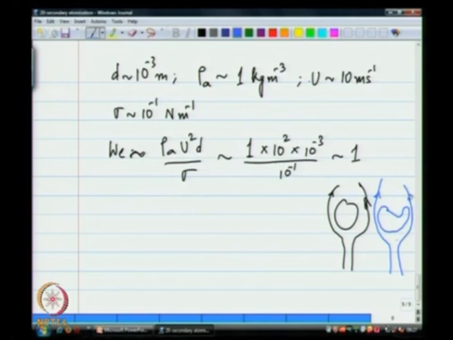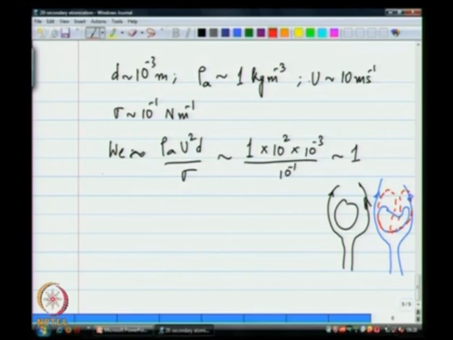And the moment you have this sort of flattening out, this process is only going to be accelerated further until you start to get some kind of a breakup. Okay, you can sort of imagine this, and we will see more details on this in a moment.